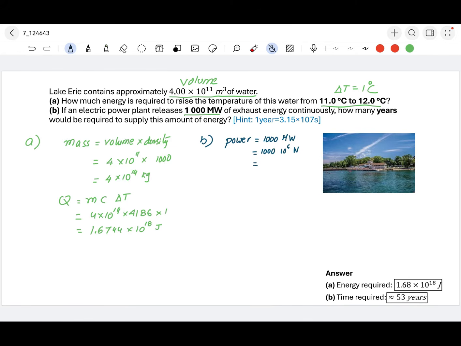So altogether it becomes 1 times 10 to the power of 9 watt. This is the power given. The power formula: power equal to energy by time. We have to calculate the time. Time equal to energy over power.